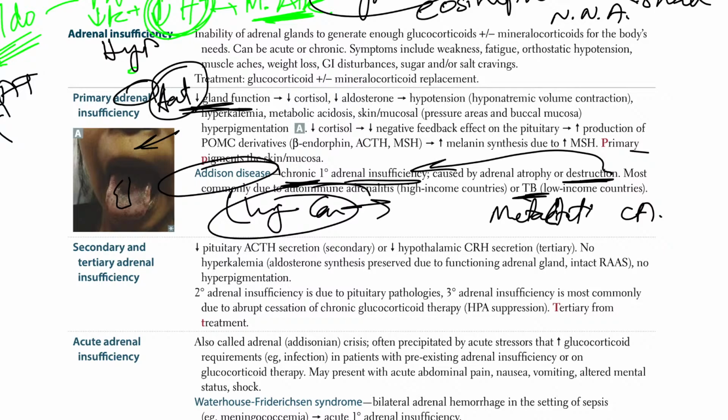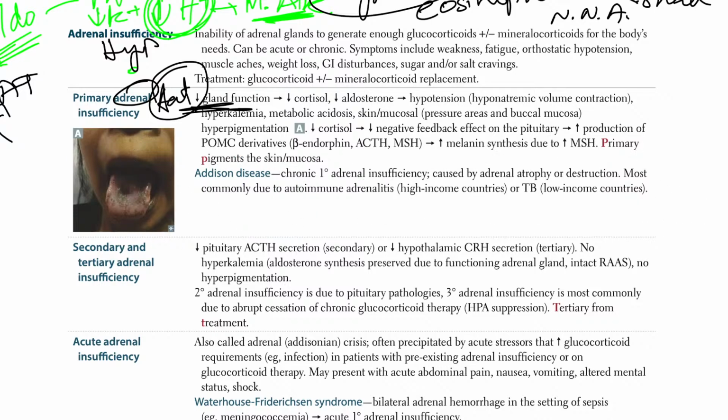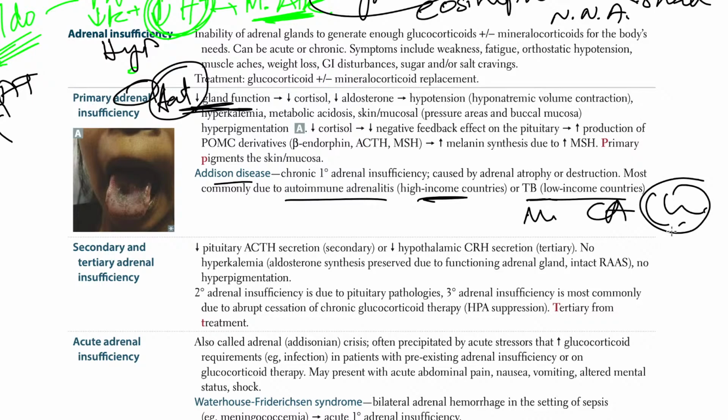That's the metastatic carcinoma. So we talked about 3 causes again. The first is autoimmune, in high income countries. Then you have tuberculosis, low income countries, and then you have the metastatic cancer. Which cancer? Lung cancer specifically goes for the adrenals. With this, we are pretty much done with Addison's disease.